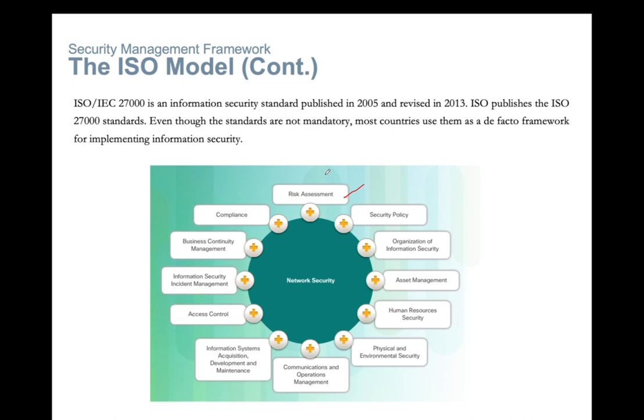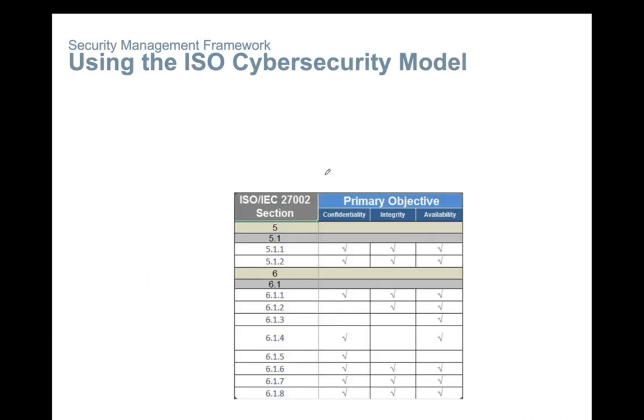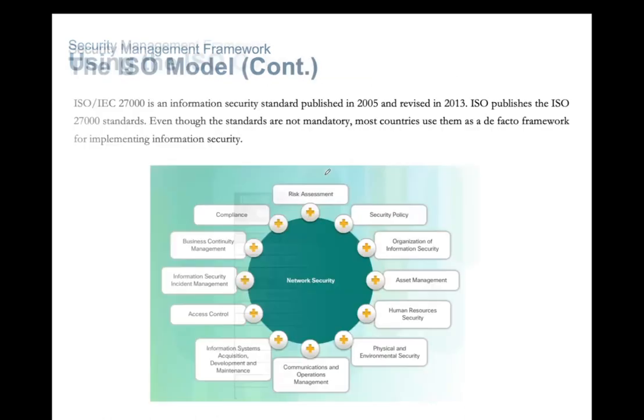There are some control objectives under this ISO cybersecurity model. The 12 domains consist of control objectives defined in the 27001 part of the standard.